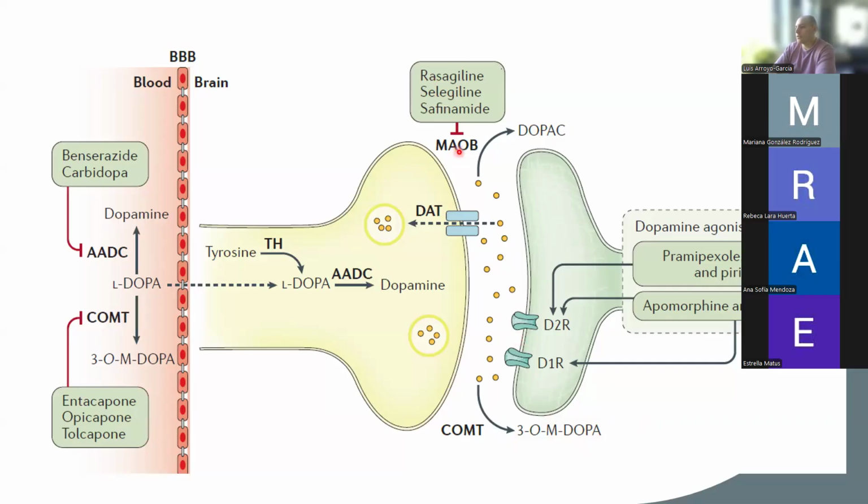So what we can do is block these enzymes and then have more dopamine in the synaptic cleft to activate the receptors and to bring it into the recycling again. And then we have some dopamine agonists.